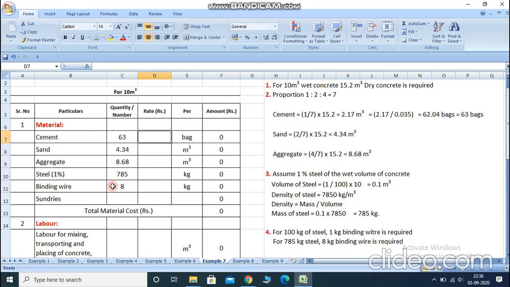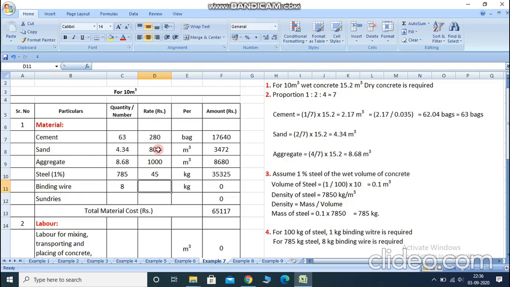Now rate. Values are given as per the book value. 280 rupees per bag rate is given. Then after, per meter cube sand amount is 800 rupees. Per meter cube aggregate amount is 1000 rupees. And per kg steel value is 45 rupees per kg.